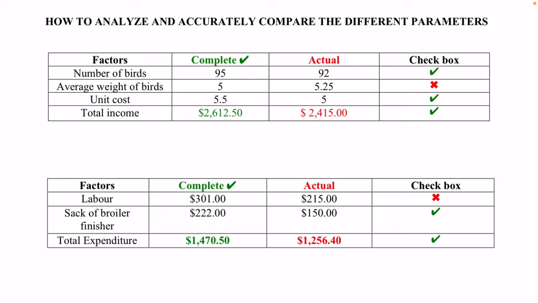So our opening statement should begin by saying the projected expenditure is greater than the actual expenditure, and by how much. And we already spoke about that when we spoke about the income section.